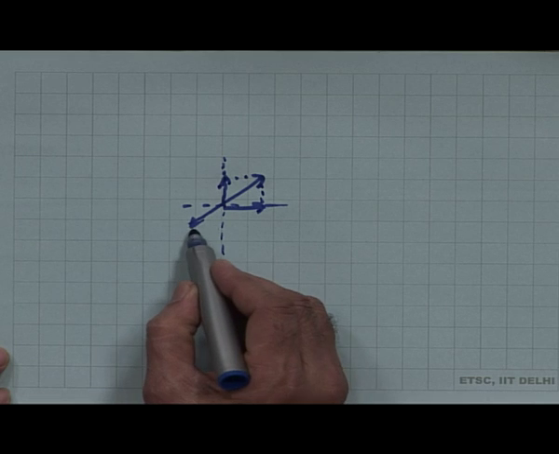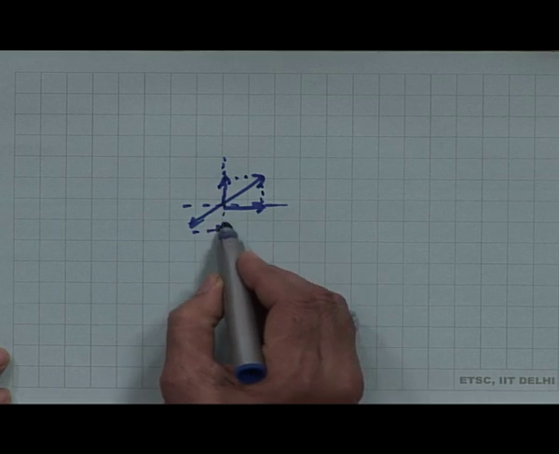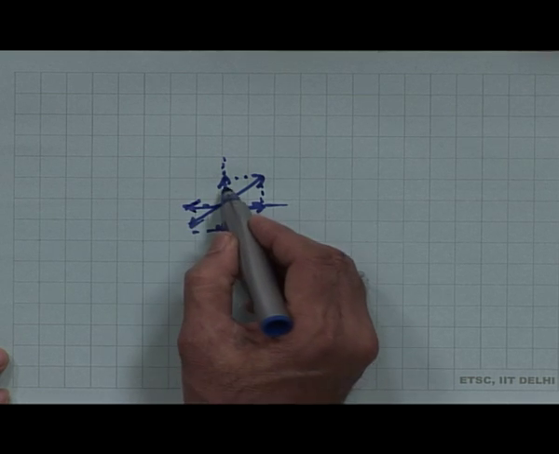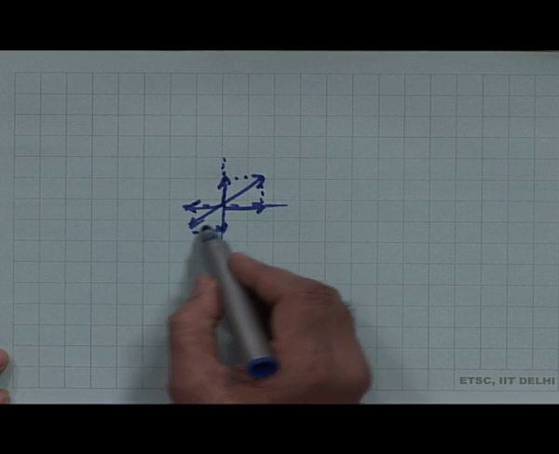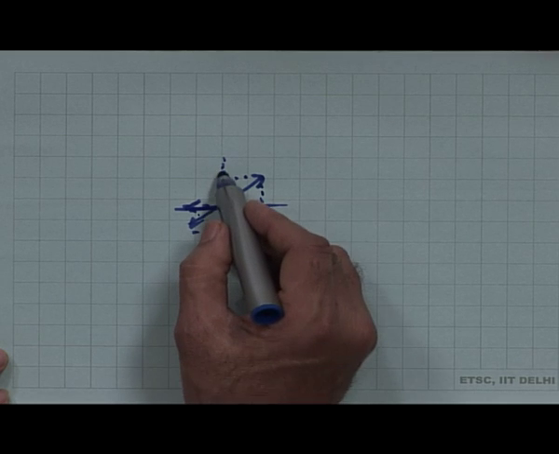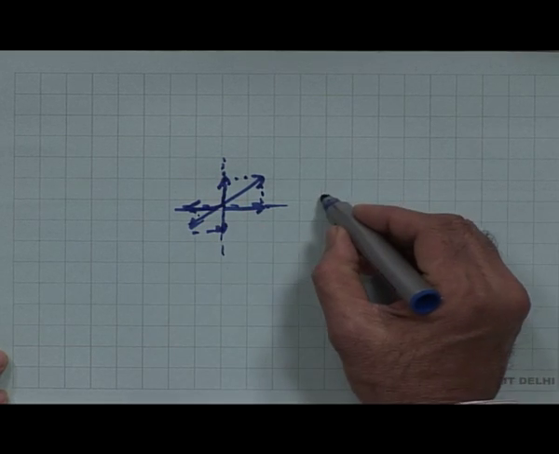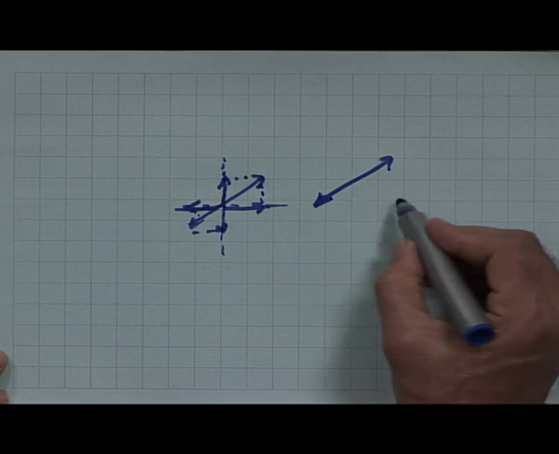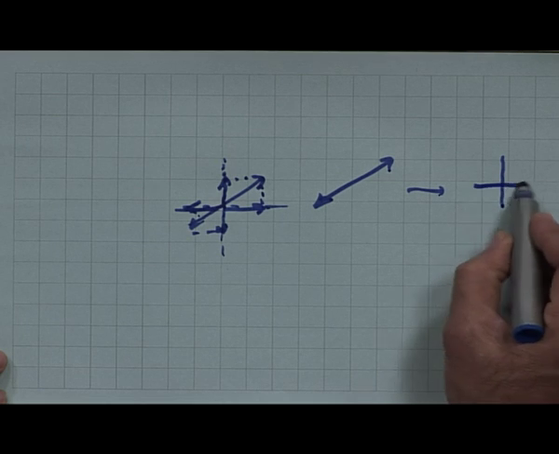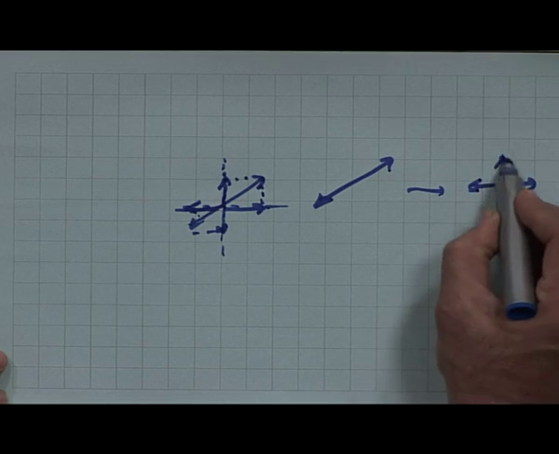When it reverses, this component will come here and this component will be negative here. So this one electric field variation can be represented equivalently by components varying like this.